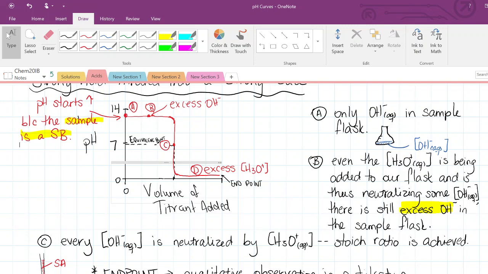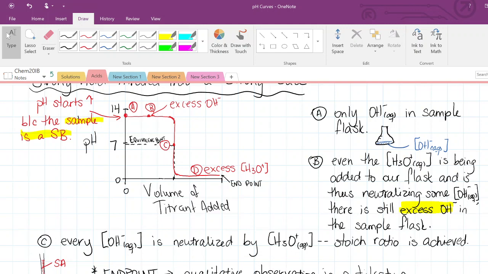So the stoichiometric ratio between hydroxide and hydronium has been achieved at this point. We have a neutralization reaction, and basically at that point you have salt water, right? You've completely neutralized the sample, and all you have left is your salt and your H2O.